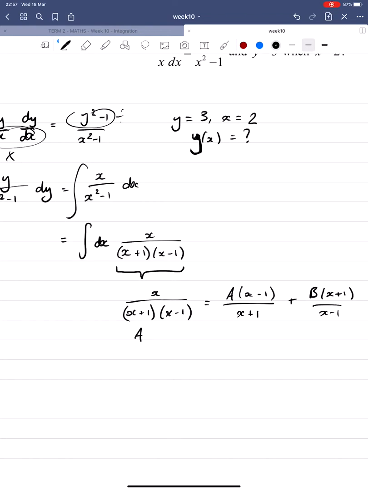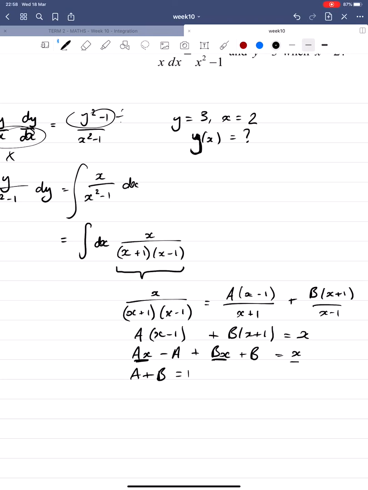Which means a lots of x minus 1 plus b lots of x plus 1 need to be equal to x. So we've got ax minus a plus bx plus b is equal to x. This means that a plus b must be equal to 1. That's coming from ax plus bx needs to be equal to x.